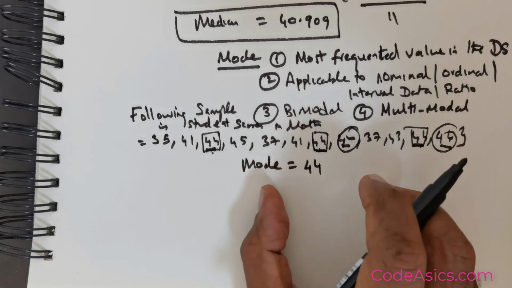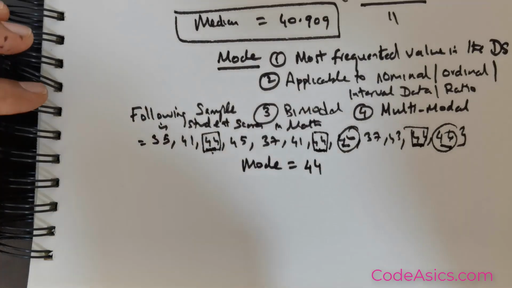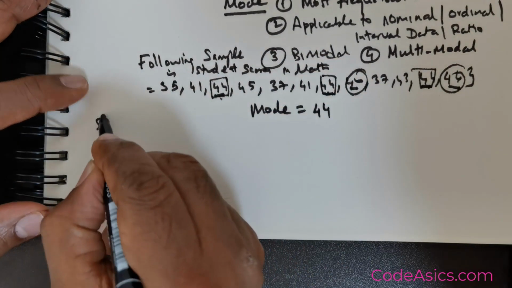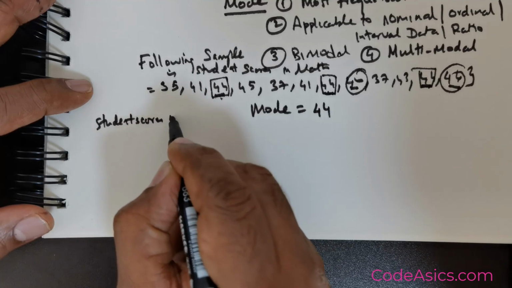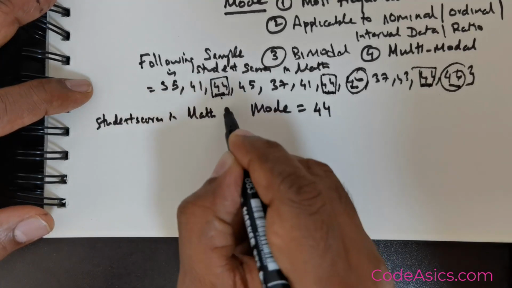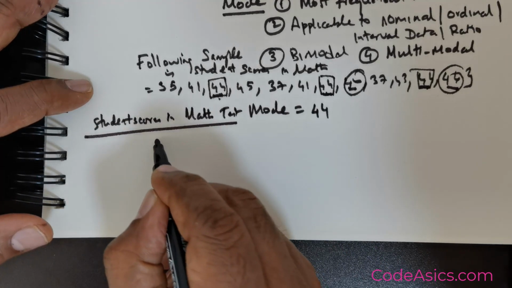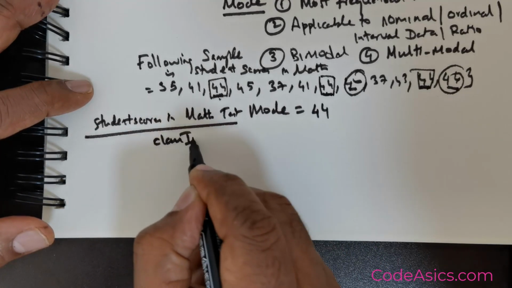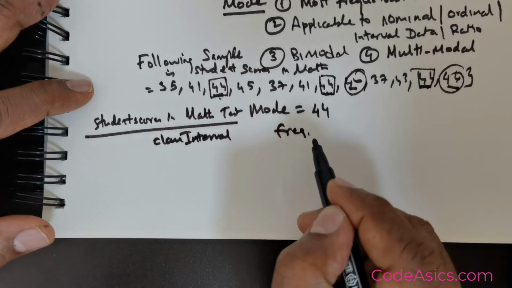Okay, having given you this, let me head on to explain how to find the mode of the grouped data. So we've got the student scores in a math test, given in the following fashion. This is the class interval, and this is the frequency.